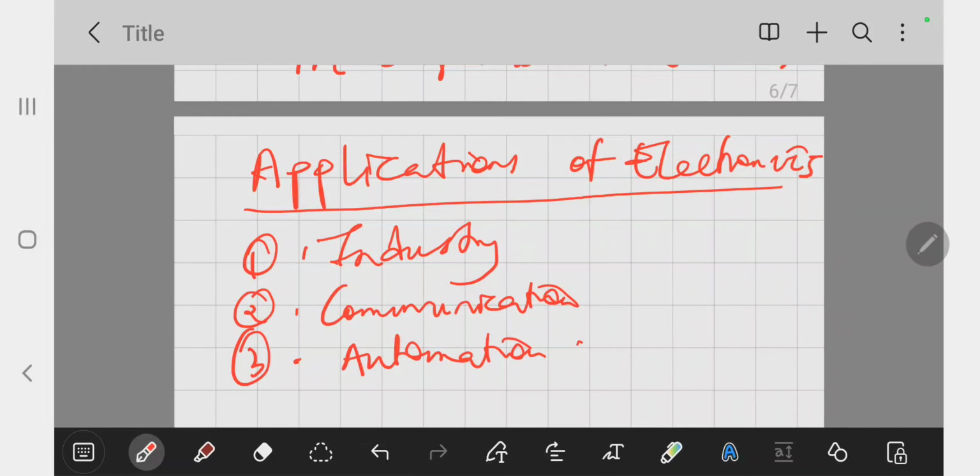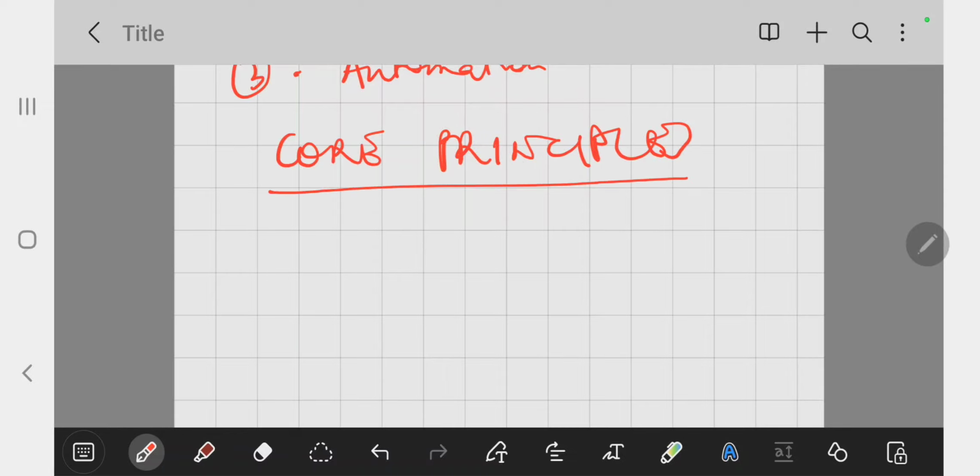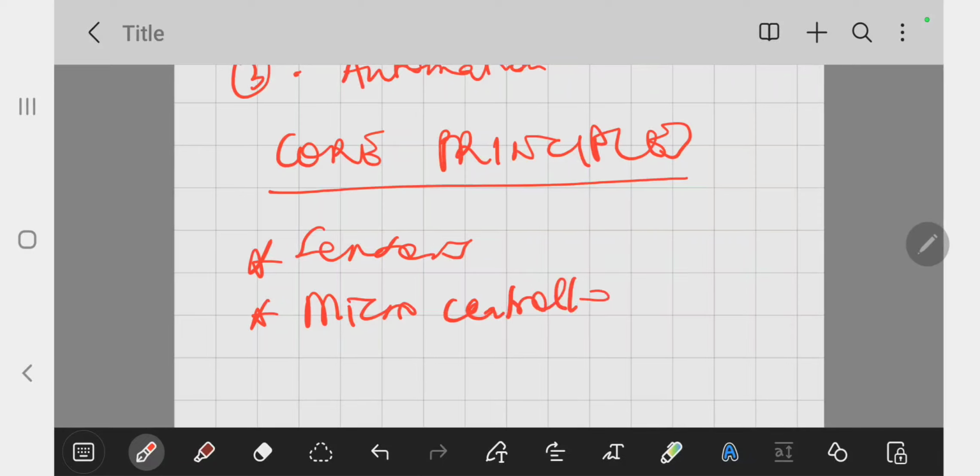So now let's look at the core principles of how electronics works. So mainly when it comes to electronics, we have what are known as sensors. Then we also have what are known as microcontrollers. Then we also have what are known as actuators.